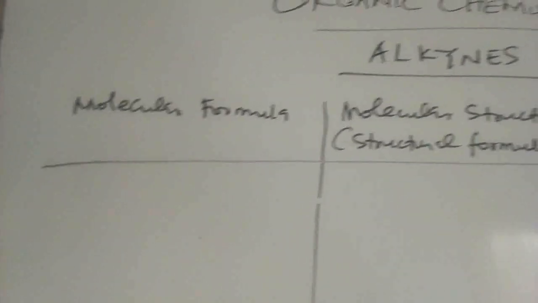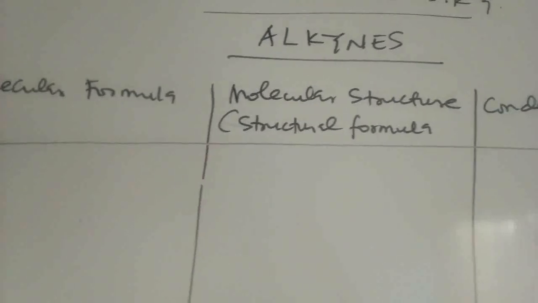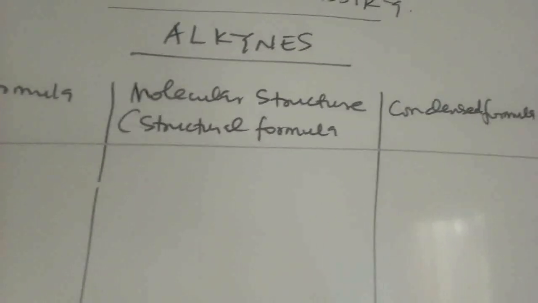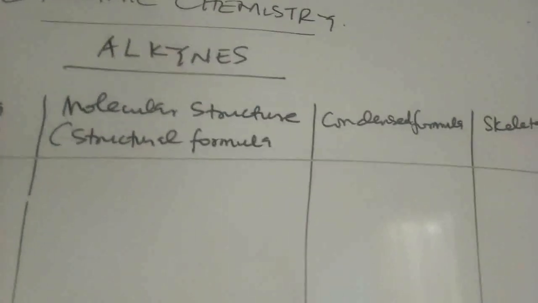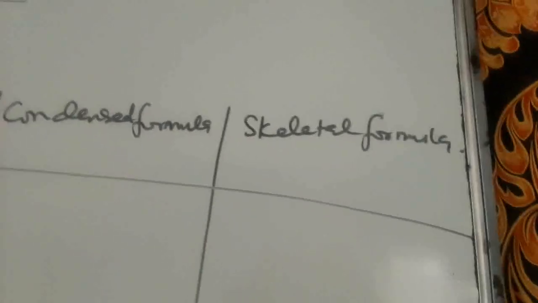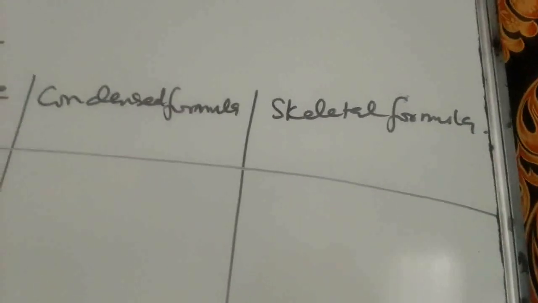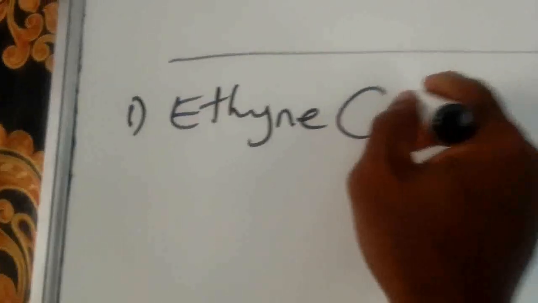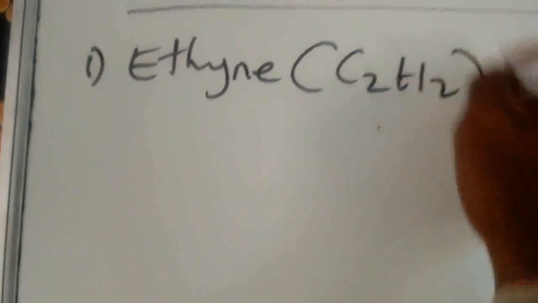Here we're going to look at the alkynes, the molecular formula, the molecular structure or structural formula, condensed formula, and how to write the skeletal or line formulas. So we'll start with the first member of the alkyne family, known as ethyne. Formula is C2H2.